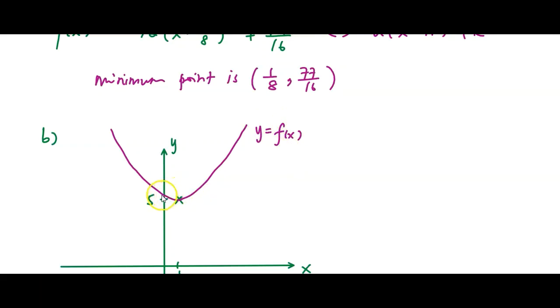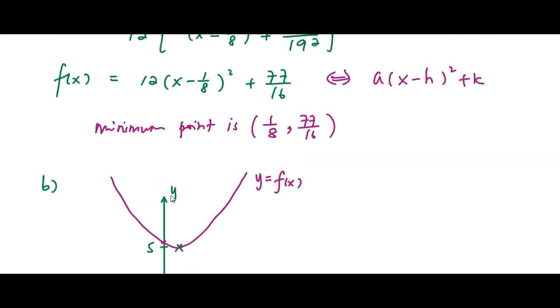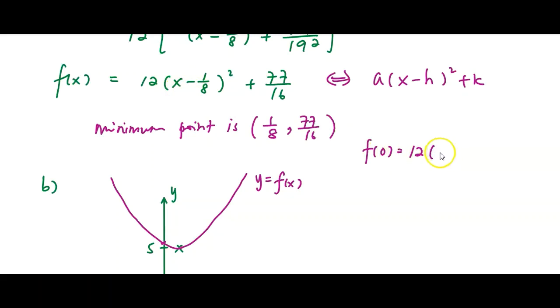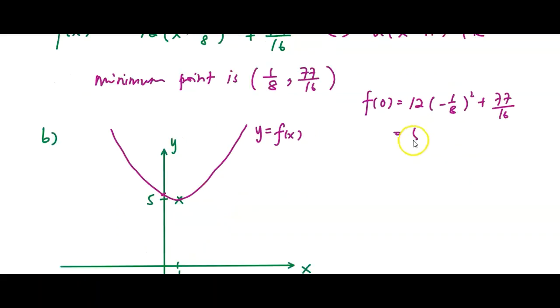Now you can see there is one important point over here, that is your y-intercept. You can get the value by substituting x equals 0. When you put x equals 0, we have 12 times (0 minus 1/8), that will be negative 1/8, squared, plus 77/16. Just calculate with the calculator. And this is equal to 5. I think I did something wrong over here.